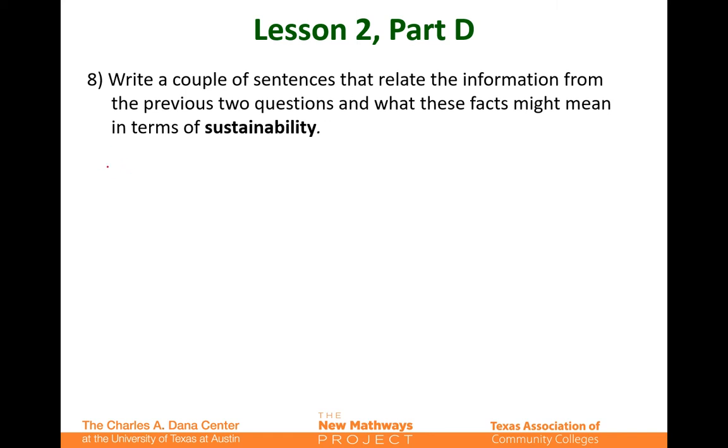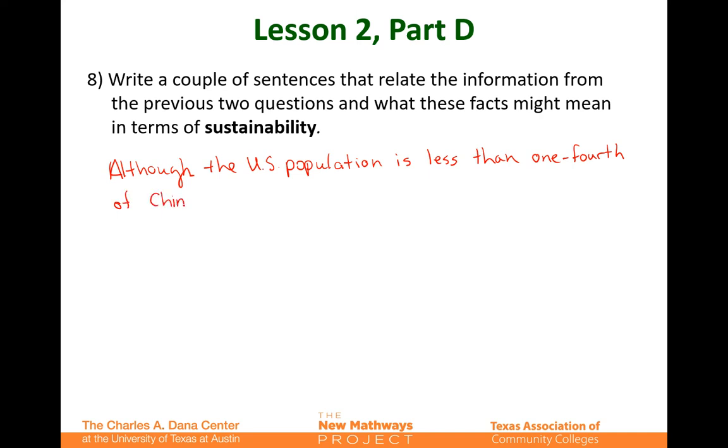We could write something that although the U.S. population is less than 1/4 of China's. Now remember, China had 4.5 citizens for every 1 American, so our population is less than 1/4.